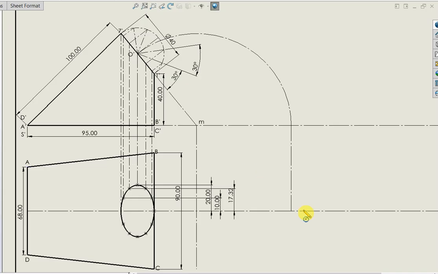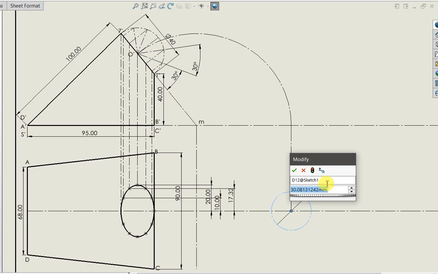Next, I'm going to draw a circle representing the section of the upper base right here. The diameter of this circle should be 40 millimeters.